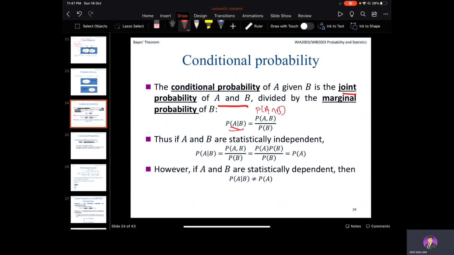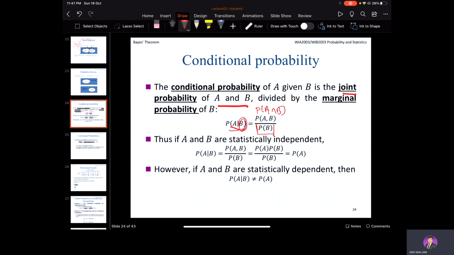Because when you know B is happening, you are shifting your sample space from a large set to a smaller set, based on the probability of events of B. That's the reason why B becomes your denominator this time. Remember, previously your sample space was in your denominator, but this time it becomes probability of B, because you know B is happening, so your sample space is reducing.